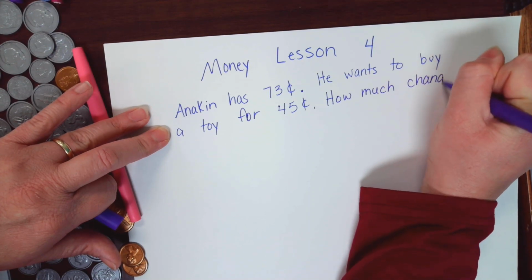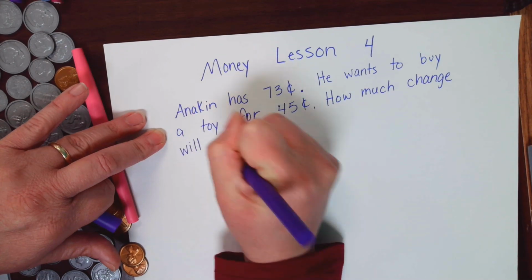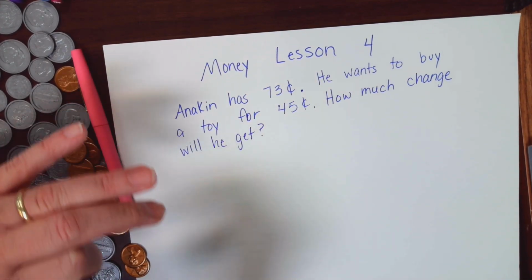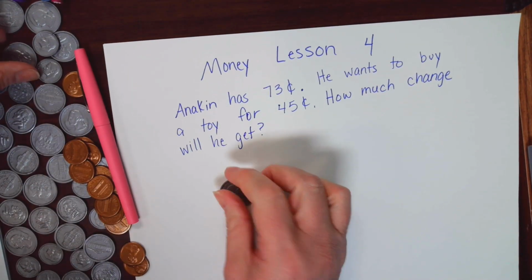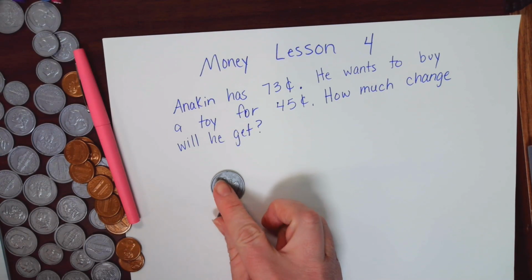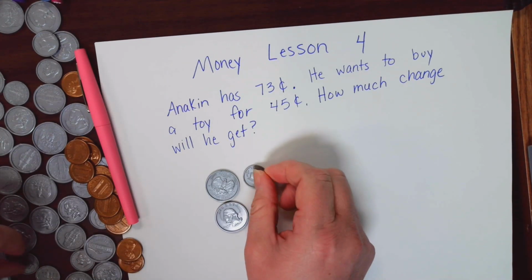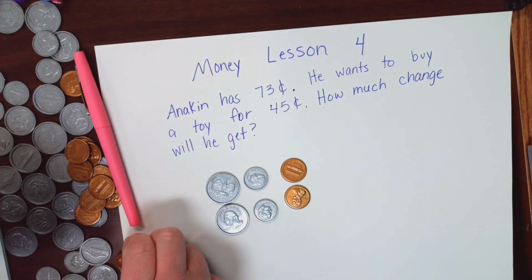Now there's so many different ways he can do this. If we have coins to work with, we can go, okay, 25, and there's 50, 60, 70, 1, 2, and 3.